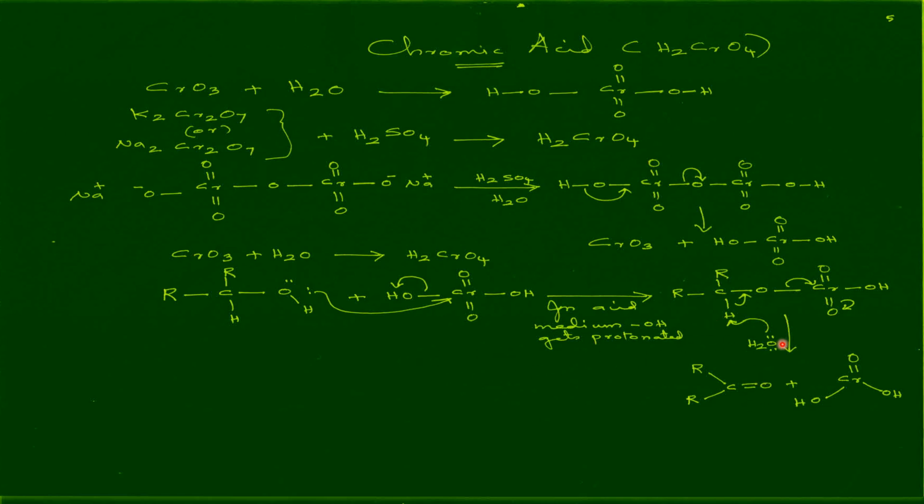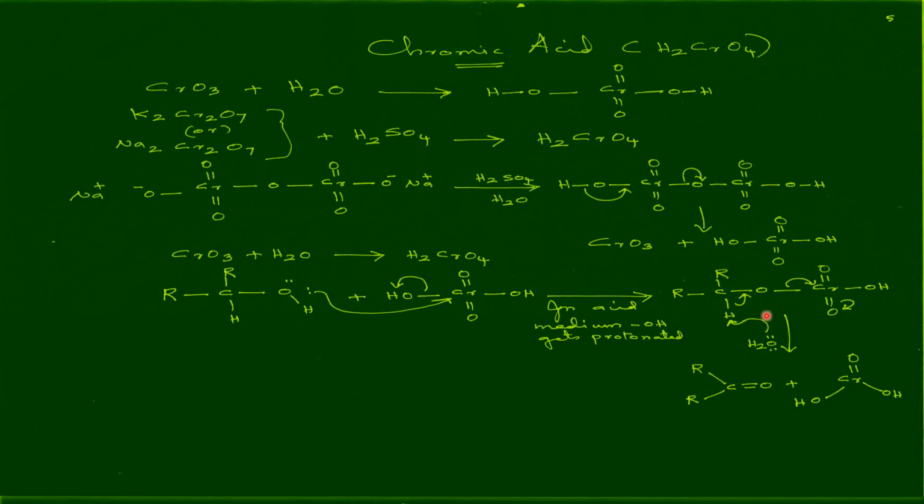The mechanism is shown here. First of all, the alcohol behaves as nucleophile, attacking the electrophilic chromium of chromic acid, resulting in the formation of a new product. From this product, a water molecule removes the most acidic hydrogen, leading to the formation of a carbonyl group.